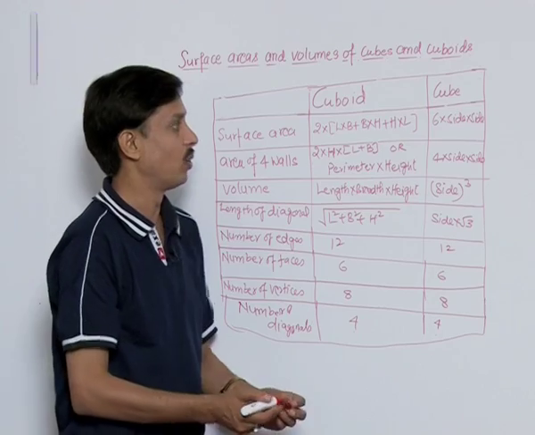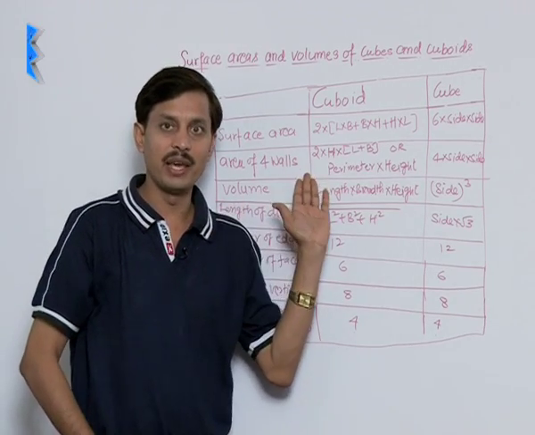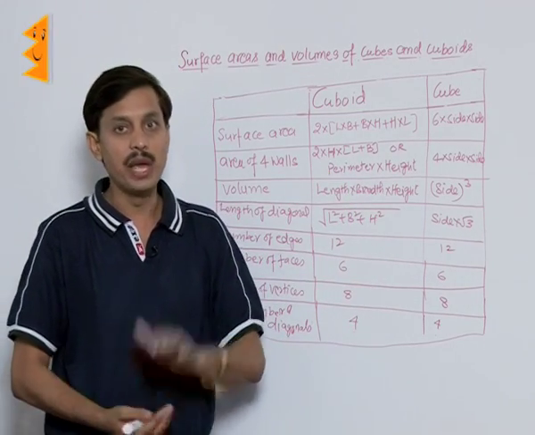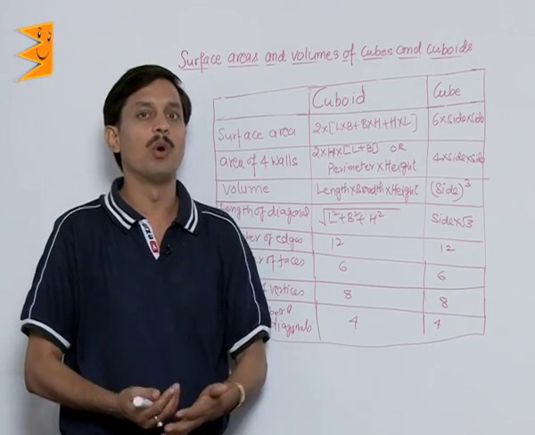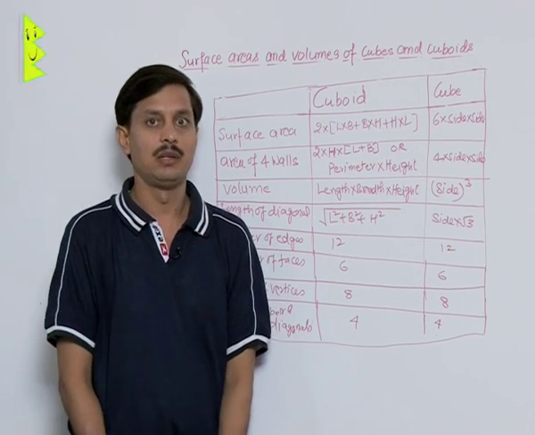There are 4 diagonals in a cuboid as well as in a cube. We will apply these results to solve problems based on cube and cuboid for their surface areas and volumes.